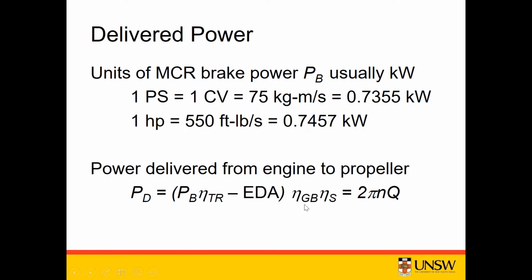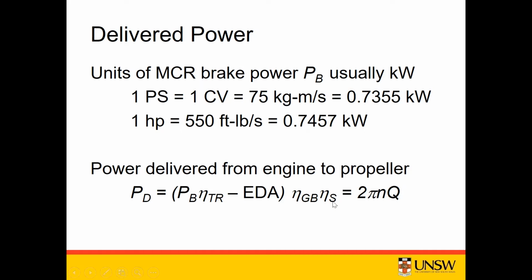And then finally, there's going to be the efficiency or the losses when the power is transmitted down the shaft. You've got a number of bearings along the line of the shaft. You've got the stern tube, which is typically lubricated either by oil or by seawater itself. There's going to be a stuffing gland there or some form of sealing arrangement. All of these generate losses, so there's going to be an overall shaft efficiency.